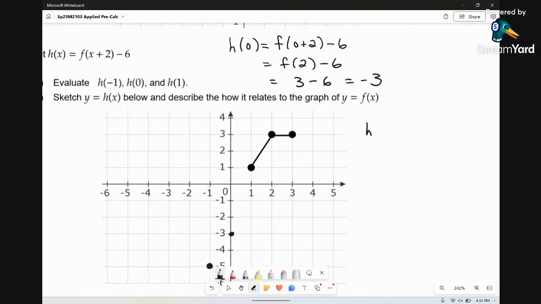H of 1 is f of 1 plus 2, this makes 3. And f of 3, again, I'm looking at it right here, little or Big Dipper, or almost little Big Dipper. Input 3, output 3.